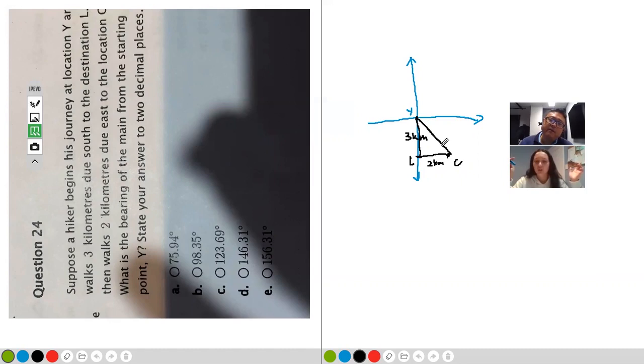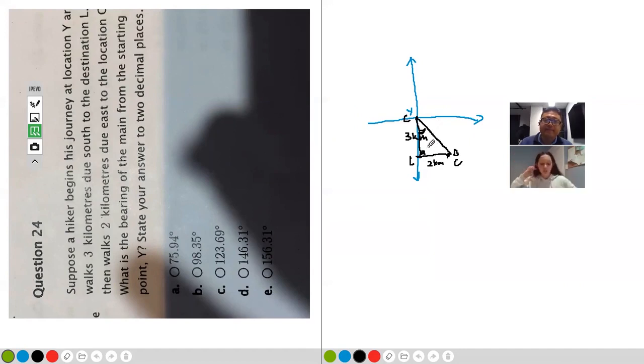What do we need to find? That angle in there. I'll give you some choices: LYC, A, B, or C? C. Yeah, we've got to find C. That's where I got tripped up. We don't need to find the length.